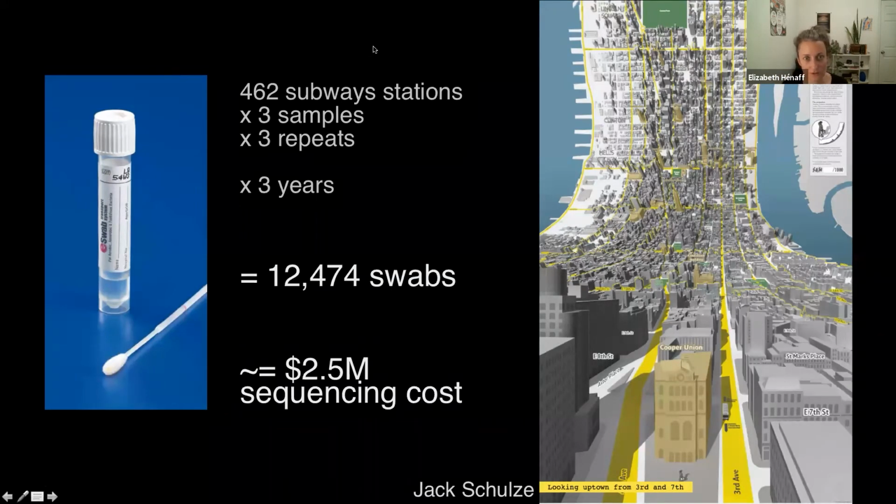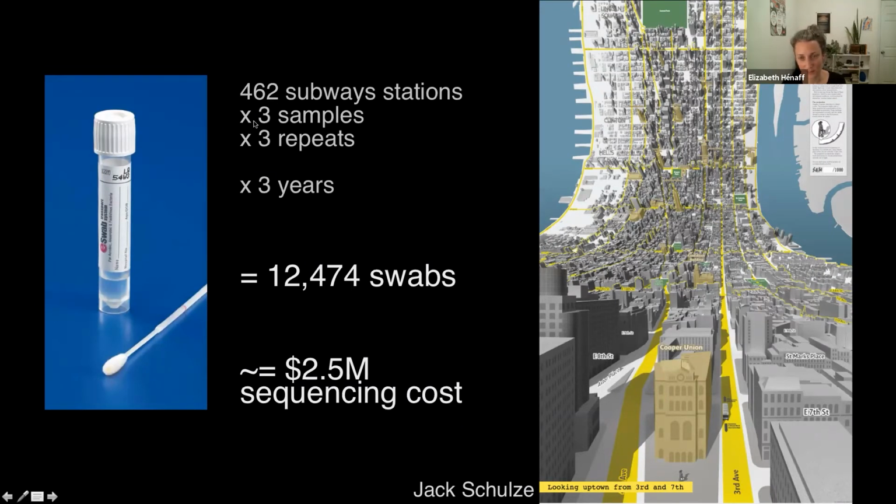And so we had another project that arose from this acknowledgement of the discrepancy in scale between our tool and our subject of study. For the subway project, we realized that there were 462 subway stations.